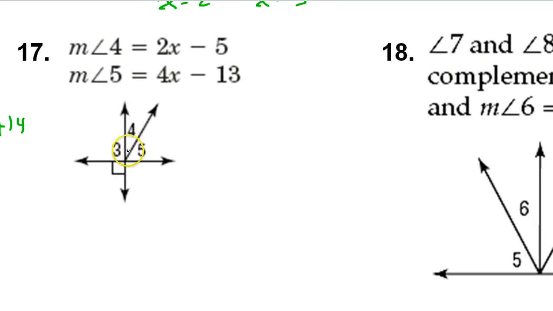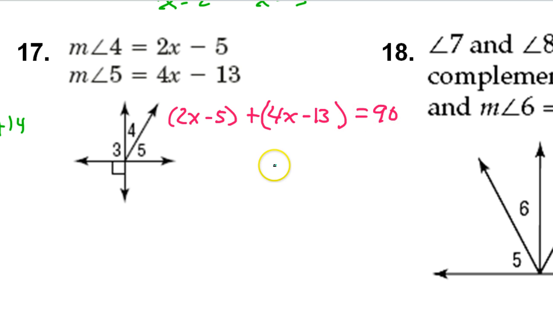Angles 4 and 5 are shoved inside of this 90-degree angle, so they have to add up to 90. So in other words, 2x minus 5 plus 4x minus 13 has to add up to 90 degrees. I'm ignoring the parentheses. 2x plus 4x is 6x.